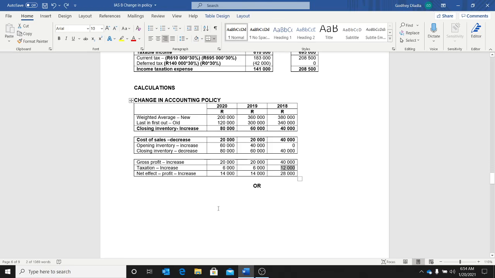Right. Come 2019, my SARS is increasing by 6. If it's increasing by 6, let's credit 6,000. Now, I've already credited 12 from 2018. How much in total do I have? I've got 12 from 2018 and a 6 in 2019.